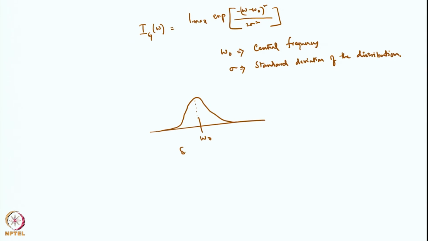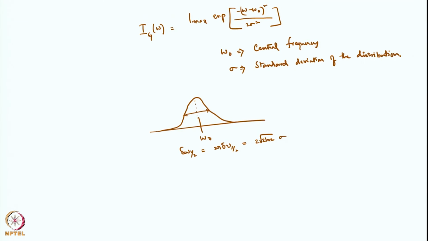In such a scenario, delta omega half is equal to 2 pi delta nu, which is given by 2 root 2 ln 2 into sigma. That is your FWHM in this case.